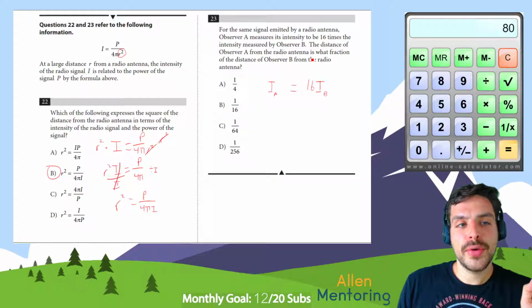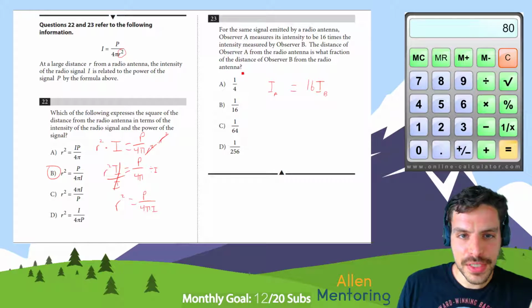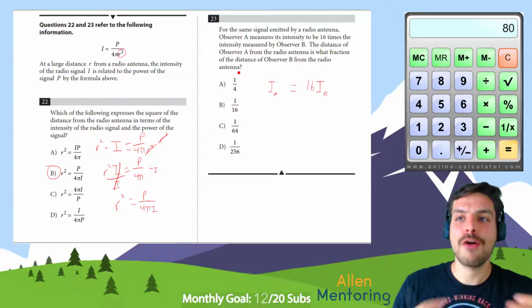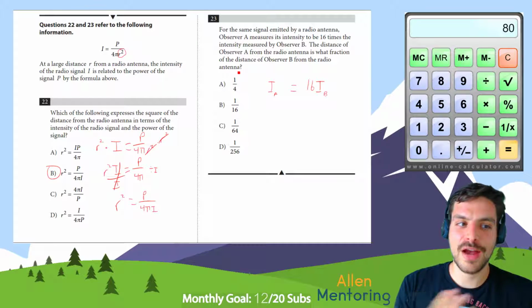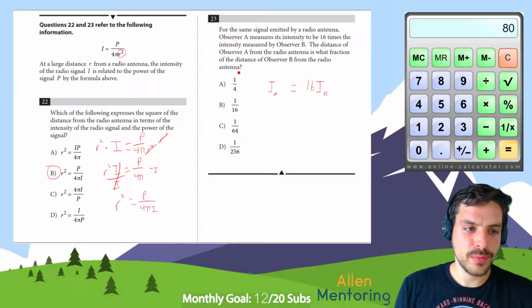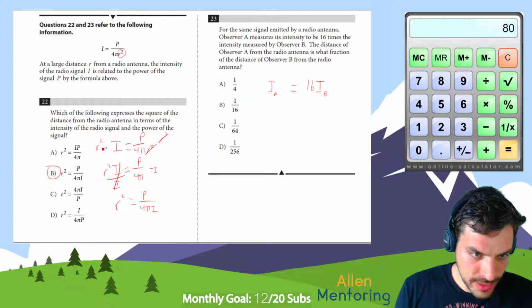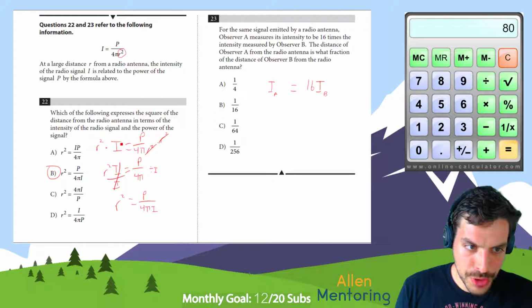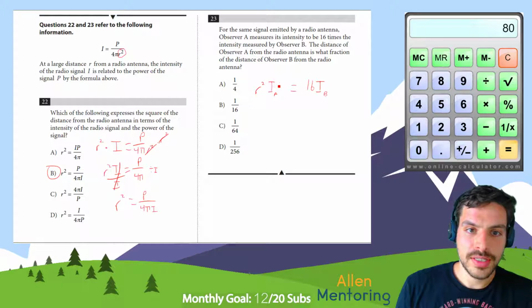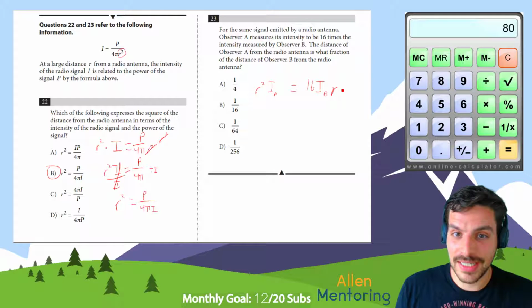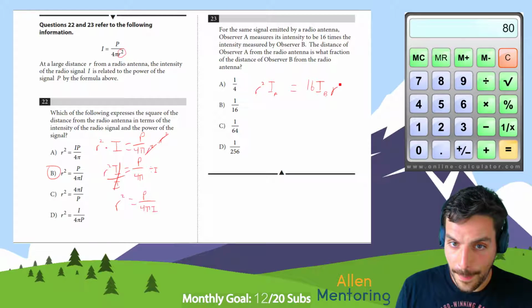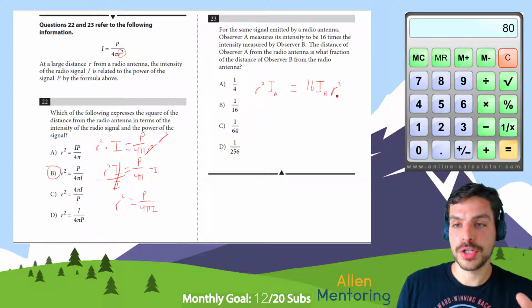What I want you to note here is that really the only difference between the two is how far they are. Nothing else is really changing. The only difference is how far they are. So if we look at this step right here, when we multiplied r squared times I, we see that r squared times observer A's intensity is basically 16 times observer B's intensity times r squared.